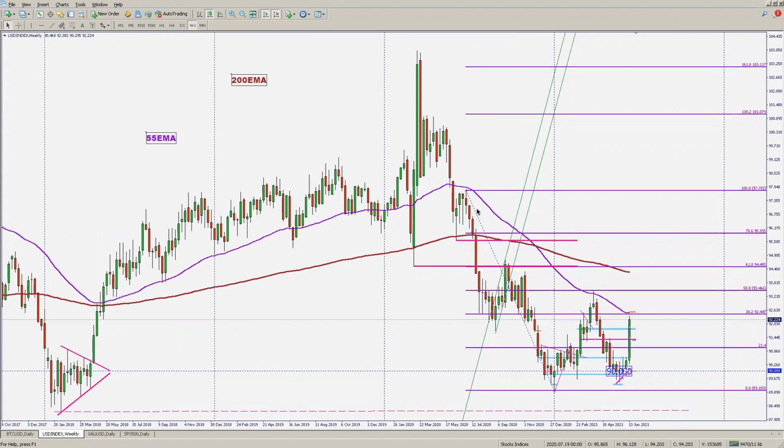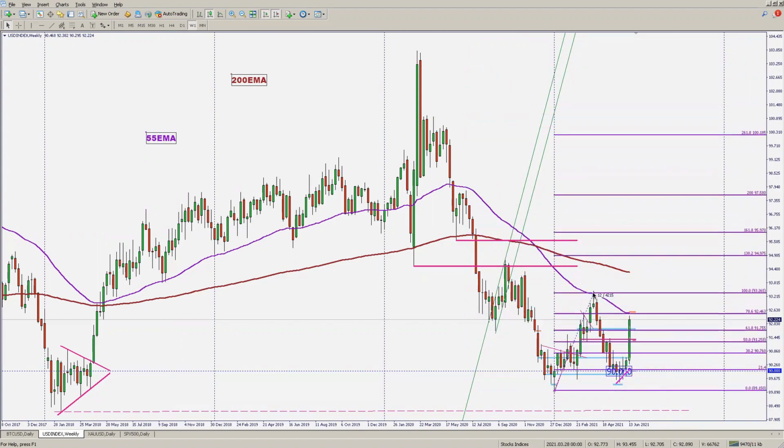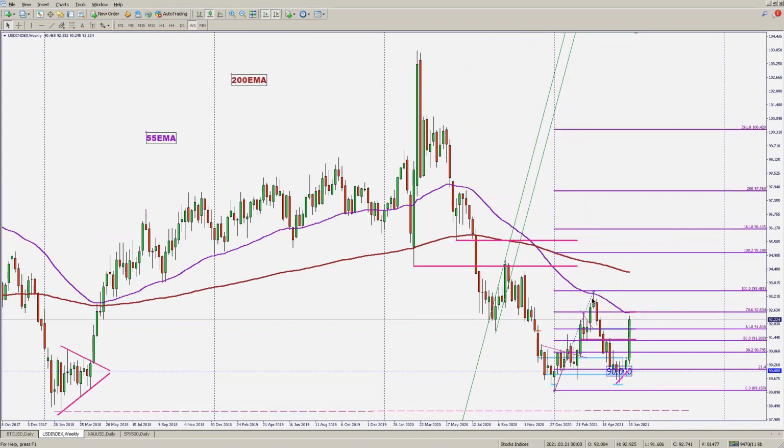So anyway, I've already updated this to this recent swing move up, bouncing off the 90 and the 78.6 retracement, basically climbing back up now, and now it's targeting the 21 fib of this move.